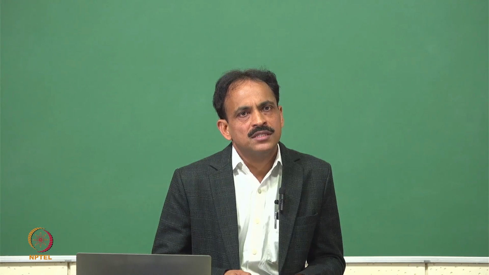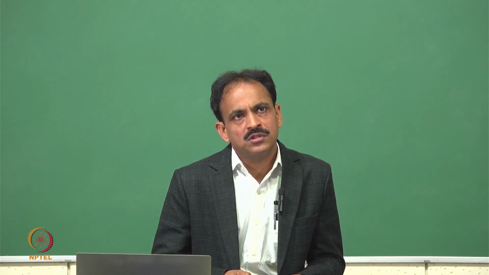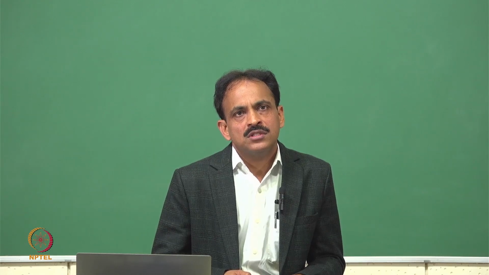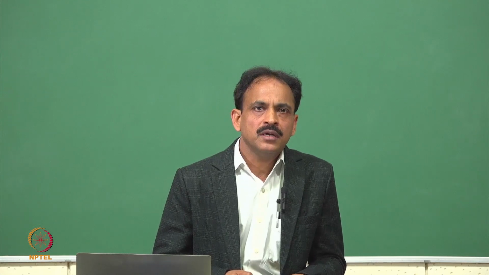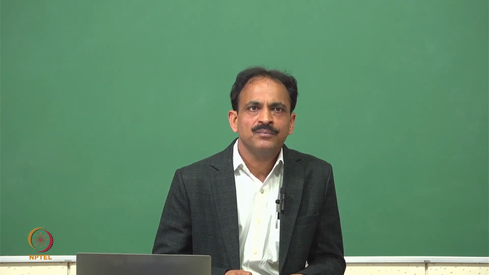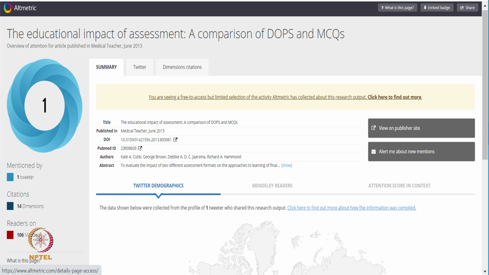A commercial license is required in the case of publishers, funders or institutions. The altmetric score is a quantitative measure of the quality and quantity of attention that a scholarly article has received through social media. This is the screenshot. You can find out the altmetric score using this website.